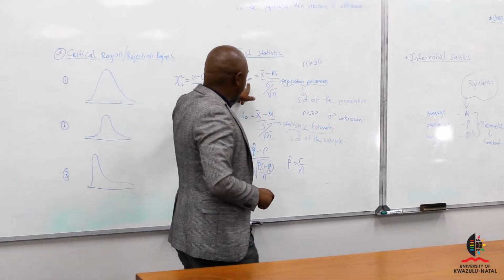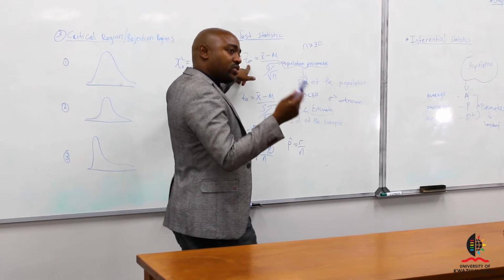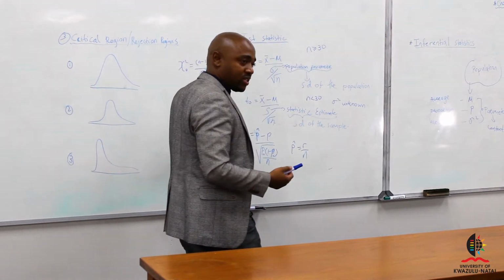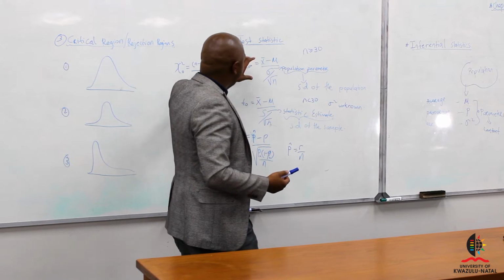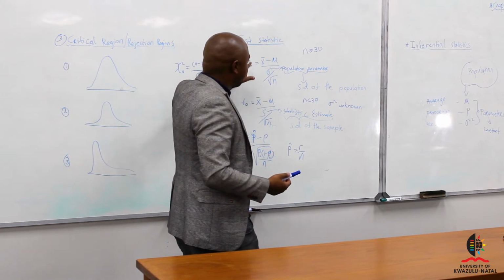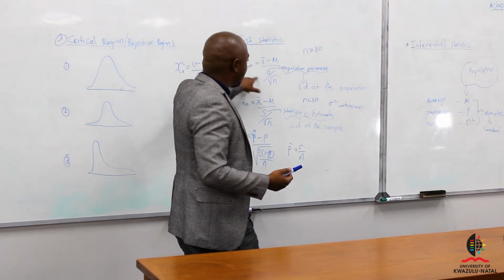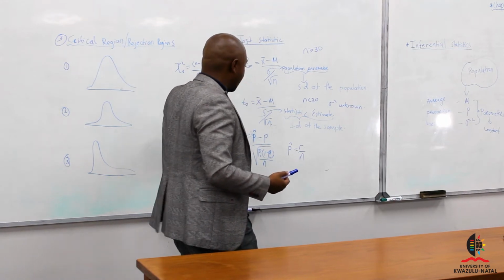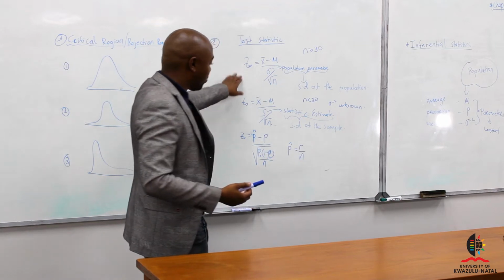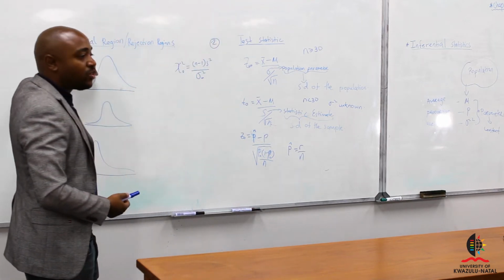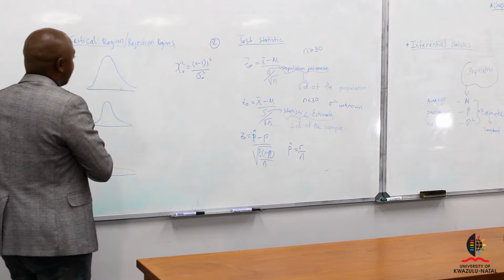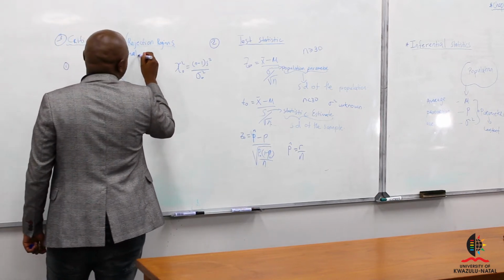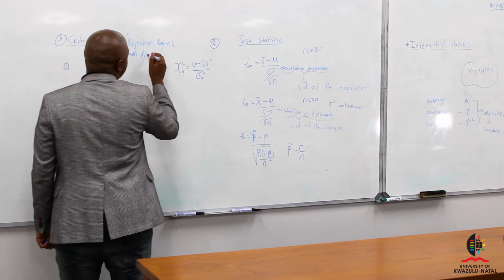What is Z naught? Z naught is for something which is standard normal, the normal distribution. You also have Z naught here. Meaning if your test statistic is calculated using these Z naught formulas, your critical region or rejection region must be on the normal distribution curve. So this is called the normal distribution curve.